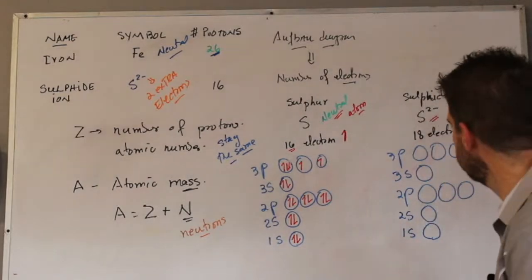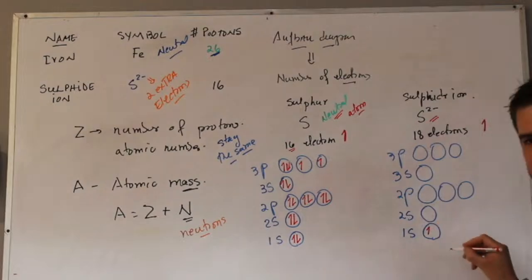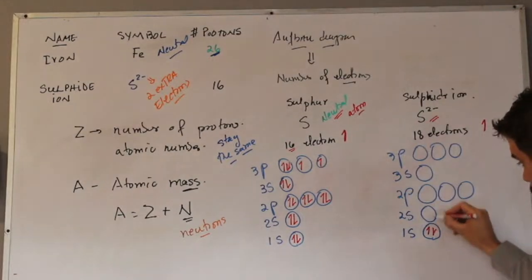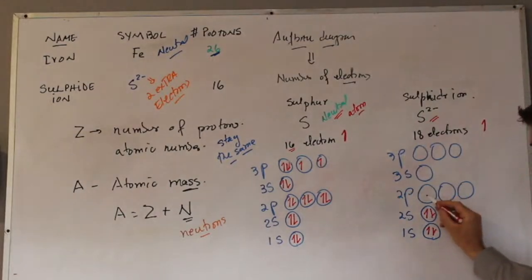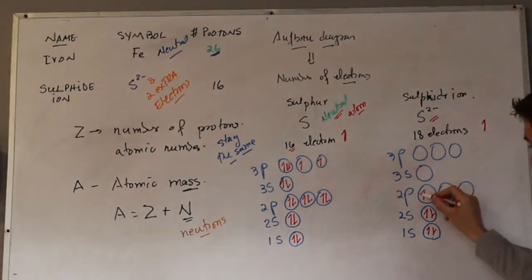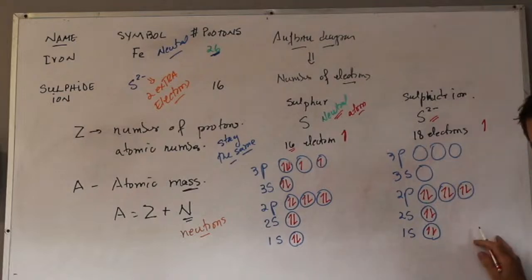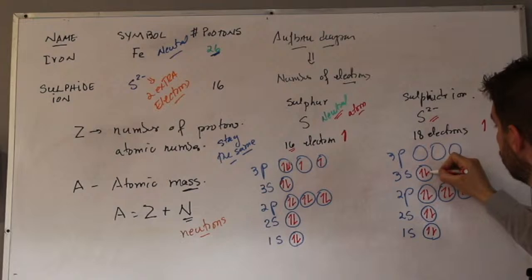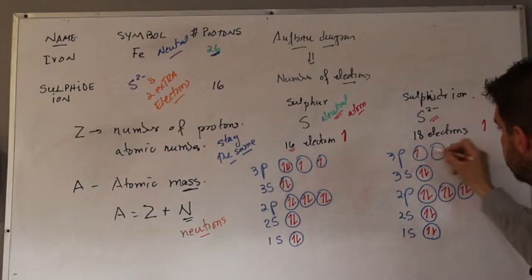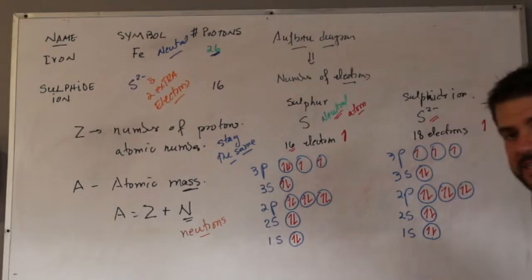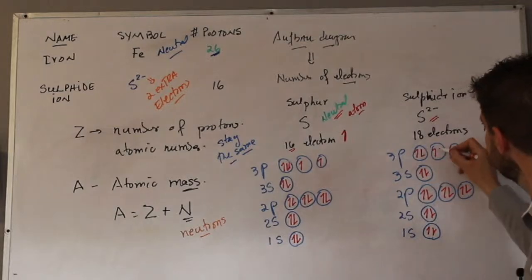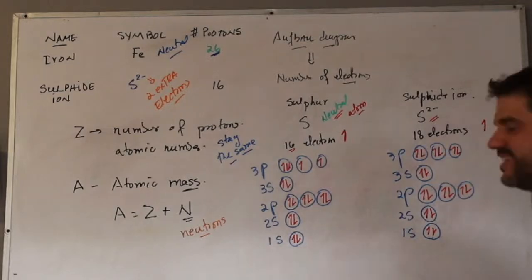All right. So it is going to be 1, 2, 3, and 4. Now here, remember, 5, 6, 7, 8, 9, and 10. 11, 12. Now remember, 13, 14, 15, 16, 17, and 18.